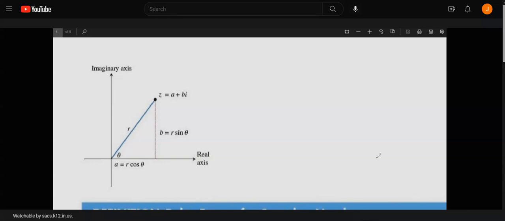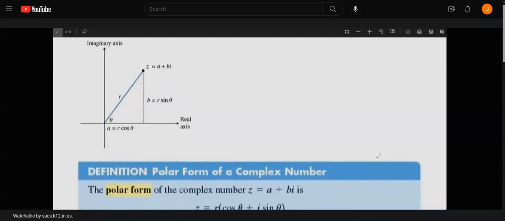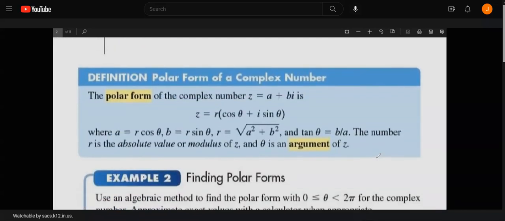Boy, that looks an awful lot like vector components. That a and b are the components, and they're the real and the imaginary portion of a complex number. r cosine theta, r sine theta. Wow, that looks so familiar.